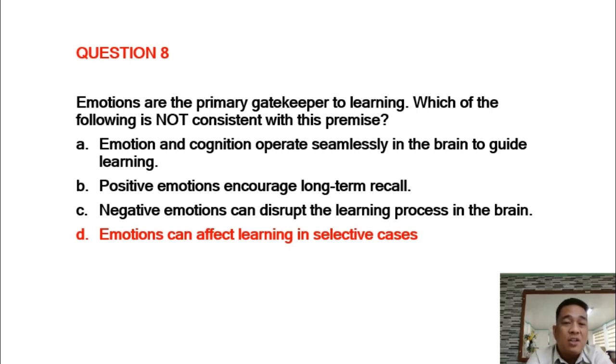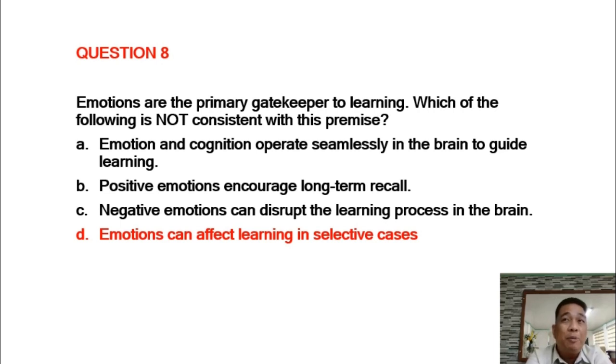Negative emotions can disrupt the learning process in the brain. No? Sumisigaw, namamahiya, all the negative feelings na pwedeng maramdaman ng bata, fear, other negative thoughts, for example, would disrupt the learning process in the brain.